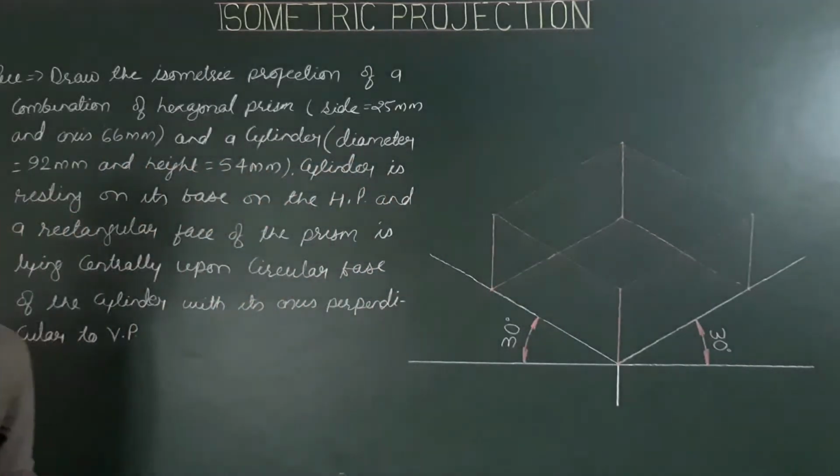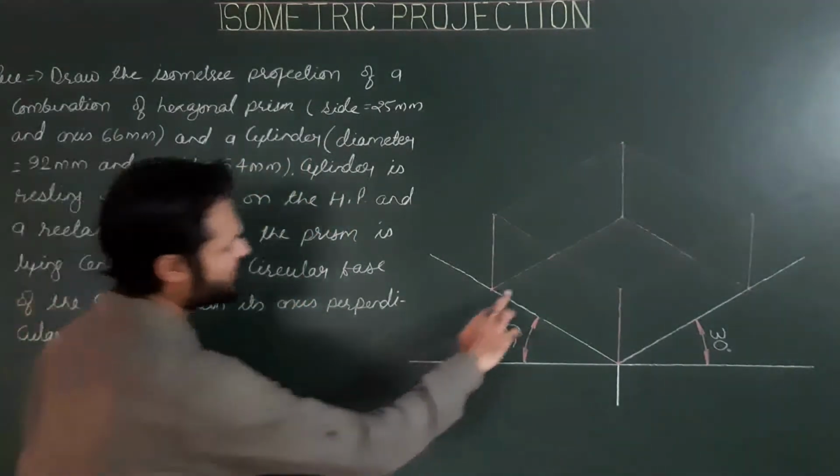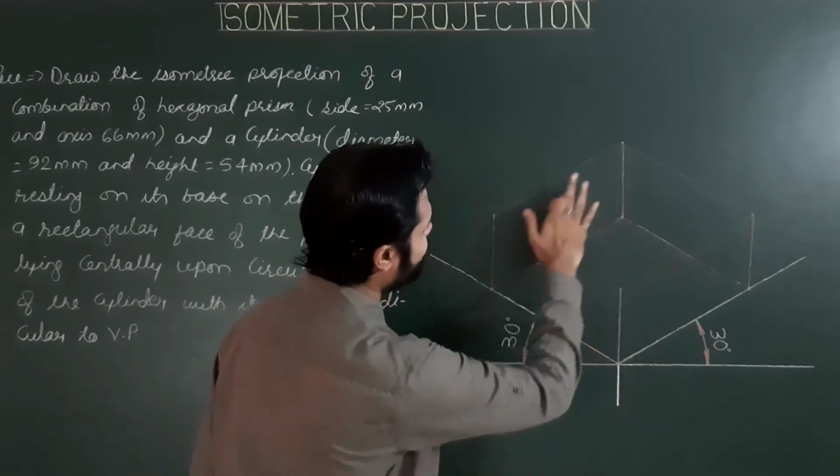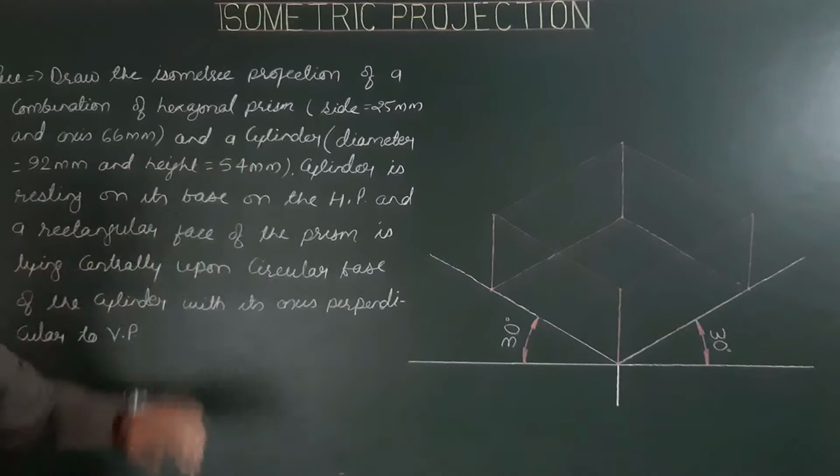So we have the upper base, or upper helping square. Now on both the squares, on the bottom square and upper square, we are required to project the circular base.